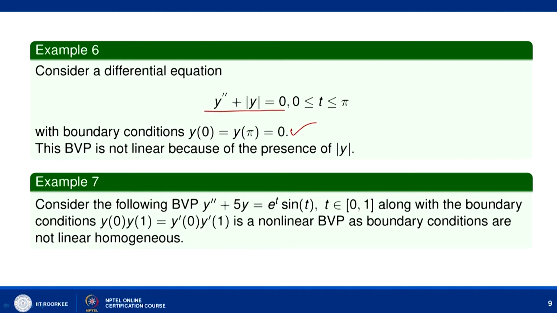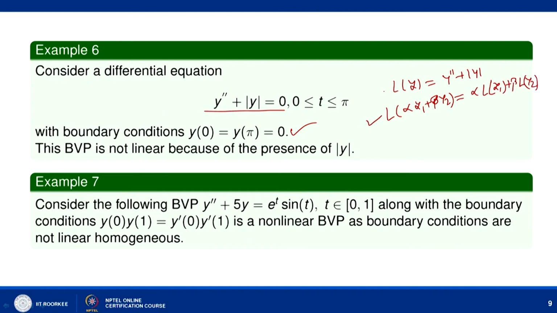So, we simply say that it is a non-linear boundary value problem, and I hope that you already know how to check whether it is a linear or non-linear boundary value problem. For that, you define the operator L y as y double dash plus mod of y, and you check whether L of (alpha y1 plus beta y2) equals alpha L of y1 plus beta L of y2.